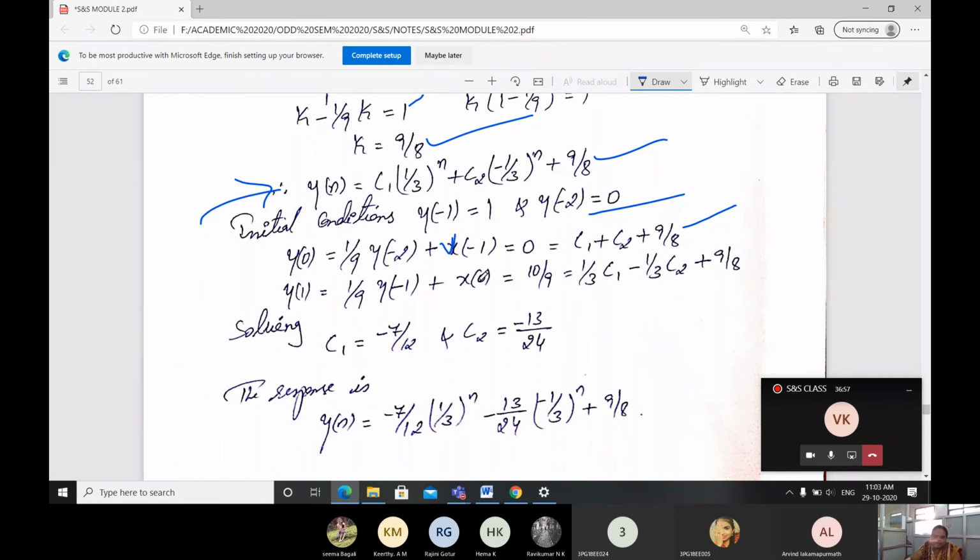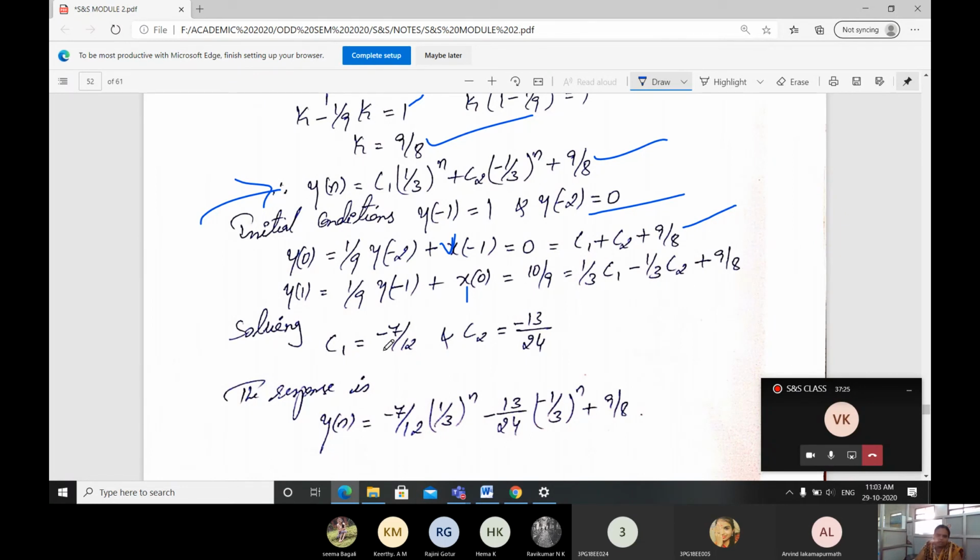What is x(0)? It is 1 only, because u(0) is 1. So 1/9 plus 1, that is 10/9. Then substituting n as 1 in this equation, you will get 1/3 C1 minus 1/3 C2 plus 9/8.